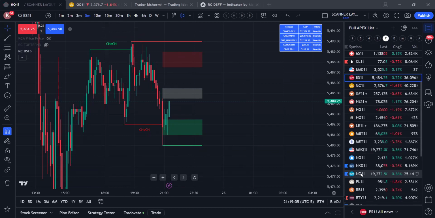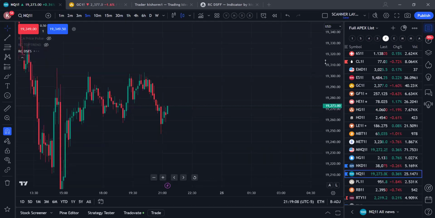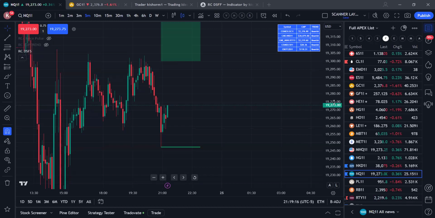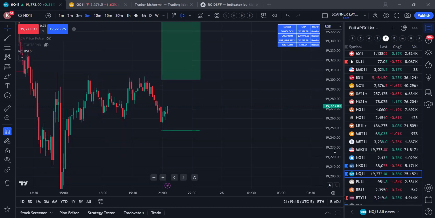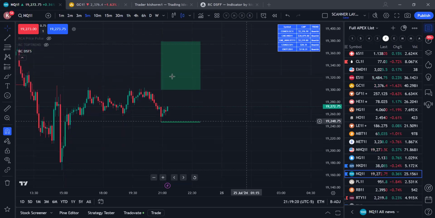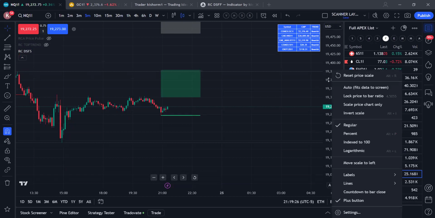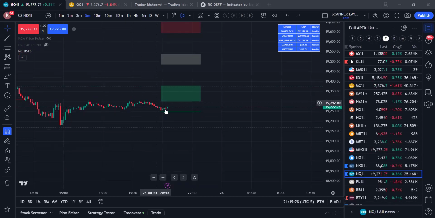Let us look at NQ. Okay, NQ also touched the support, but it did not hit the discount area yet. But in a few minutes, we may see that NQ also will touch the discount area and then go up.